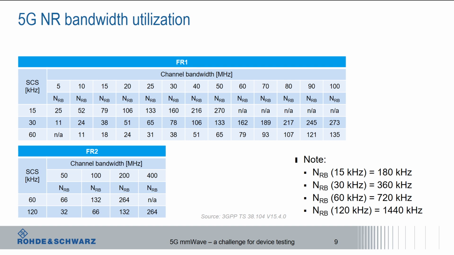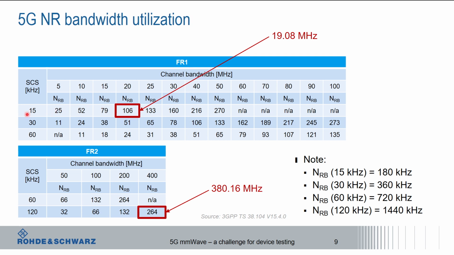Another nice thing you can see on this table is, if we make a comparison again to LTE, for example here, 20 megahertz bandwidth, 15 kilohertz subcarrier spacing. This is the LTE case. And in LTE, we had the possibility to have 100 resource blocks that we could schedule to different users. In 5G, now we have 106 resource blocks.